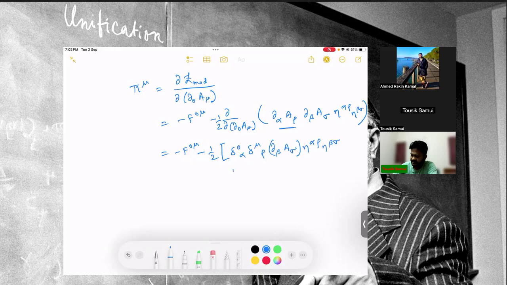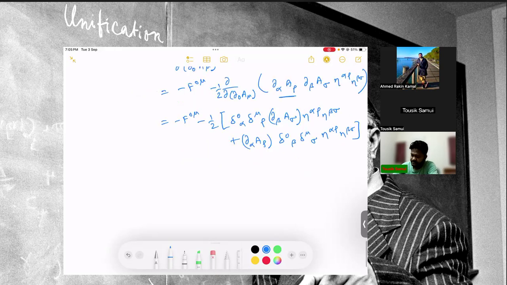And from the second term it will be ∂_α A_ρ as it is, and δ^0_β δ^μ_σ, and η^{αρ} η^{βσ} as it is. So this will be minus F^{0μ} minus half, with alpha and rho contracted.